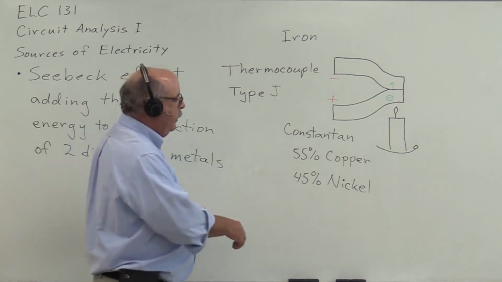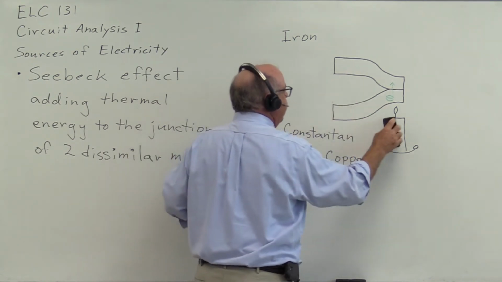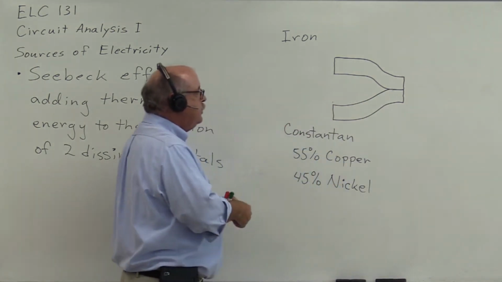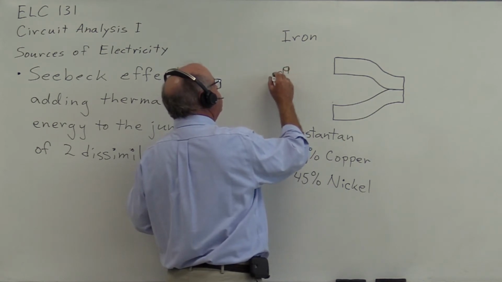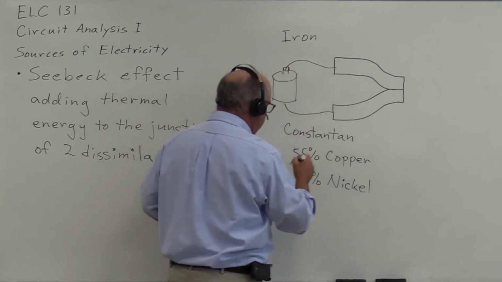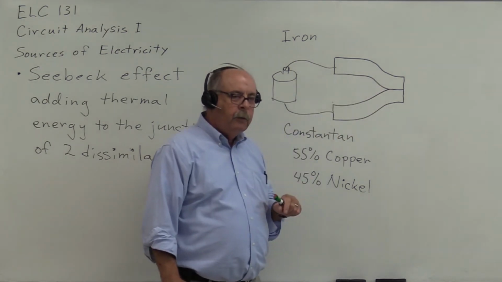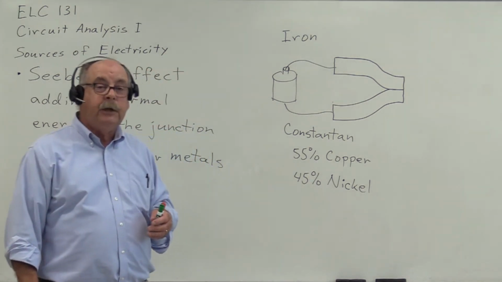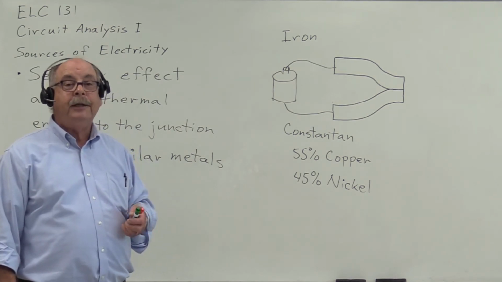What's sort of interesting about this junction of two dissimilar metals is that if we were to apply a source of energy to these two materials, then the current flow from this material to this material would actually cause one side of the junction to heat up and cause the other side of the junction to cool down. And this is called the Peltier effect.